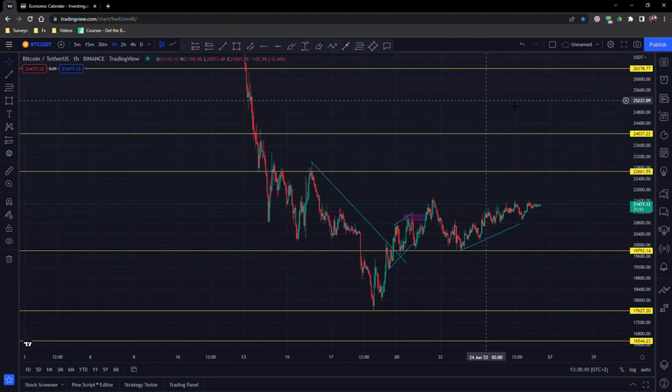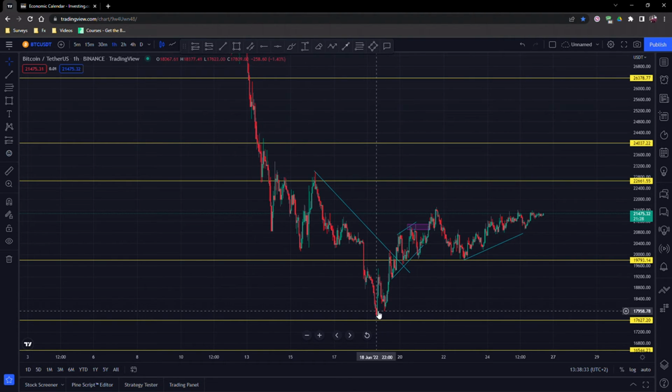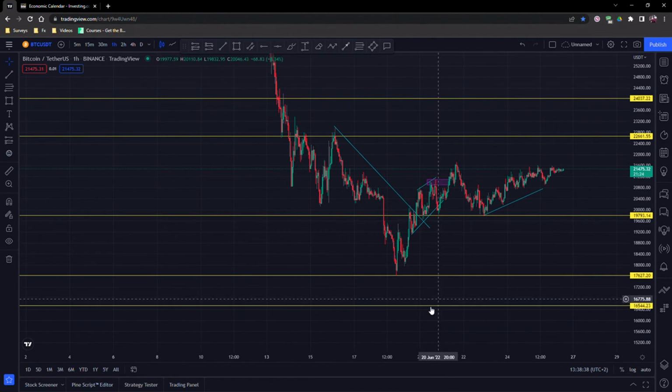And so now this right here is Bitcoin. We can see that we had, this was it, the last week, right? We had this bullish momentum, and then we didn't have that much of an impulsive bullish momentum, but you can see that when this occurred, this was our low, and this was our other low.